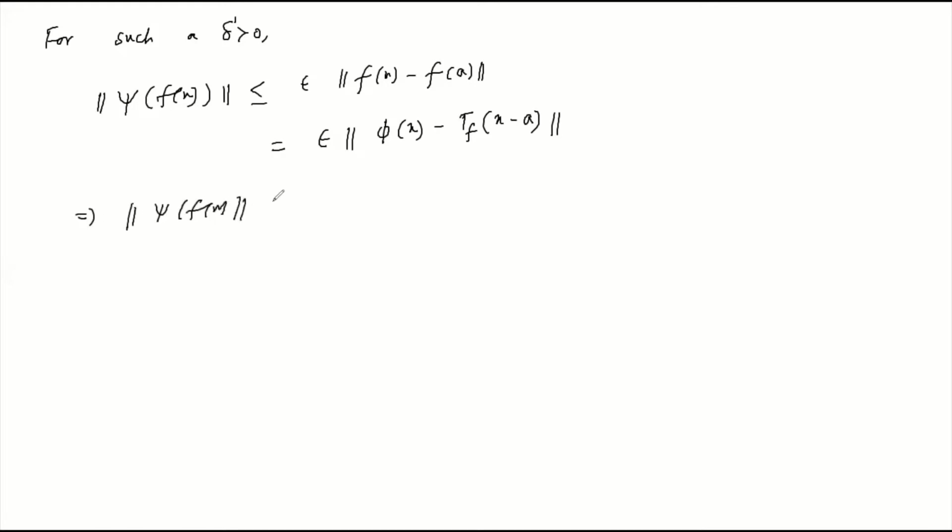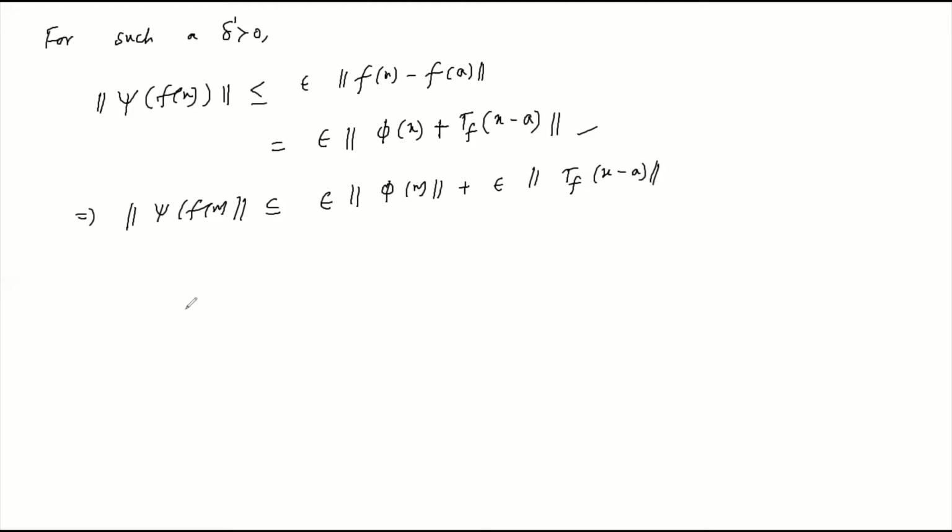This is less or equal to epsilon times, and here we use the triangle inequality. So f of x minus f of a is equal to phi of x plus tf acting on x minus a. Now we use the triangle inequality in this equation. So this is less or equal to epsilon times norm of phi of x plus epsilon times norm of tf acting on x minus a.